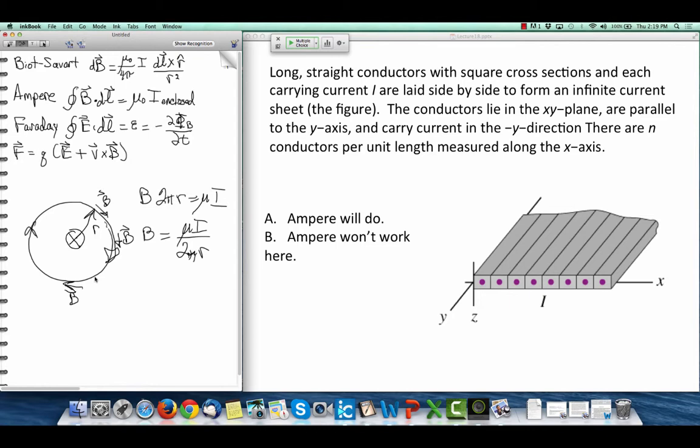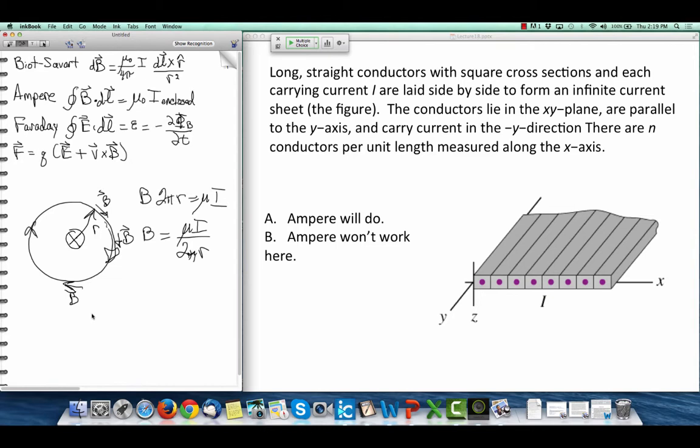Having B dot dl, it's B times dl times the cosine of the angle between them. If that angle is changing as you go around that loop, then you have a complicated problem. Here it is not. Here B and dl are in exactly the same direction, so the angle is 0, and the cosine of that angle is 1, and that doesn't change as you go around the loop.